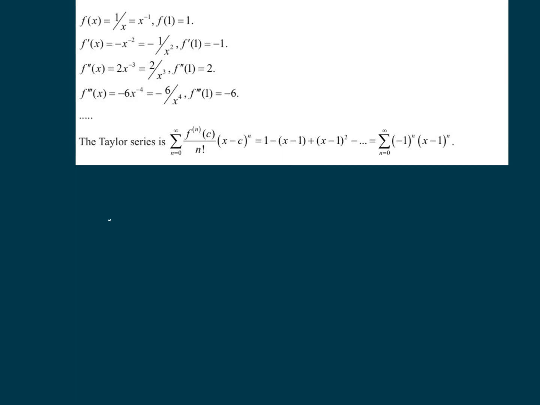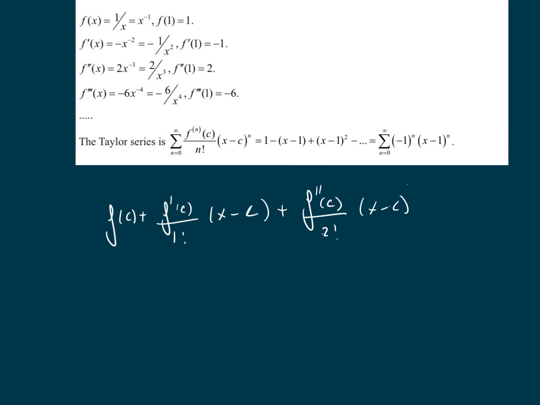This is f of c plus f prime of c divided by 1 factorial multiplied by x minus c, plus f second of c divided by 2 factorial multiplied by x minus c squared. So f of c, f of 1.